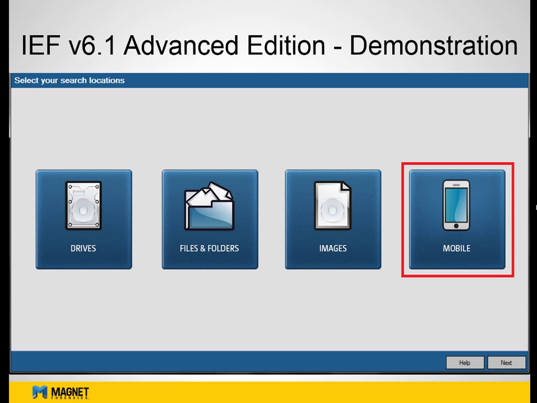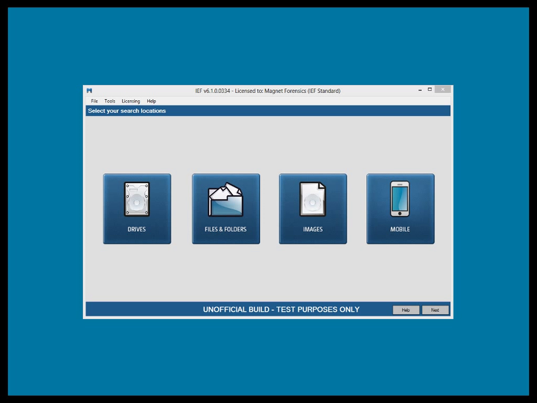Let's jump in and do a demonstration. Here's the initial splash screen of IEF 6.1 Advanced Edition. Notice that we have the addition of the mobile button to the far right. These other three buttons have existed in IEF Standard Edition for quite a while, and they allow the user to point to a physical drive that may be connected, files and folders, or an image of a hard drive.